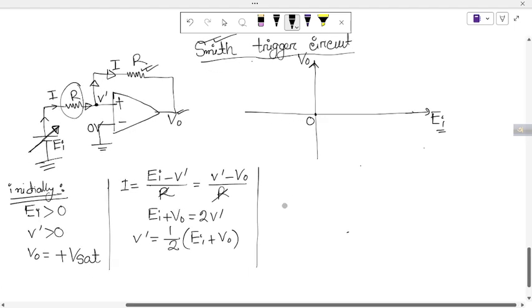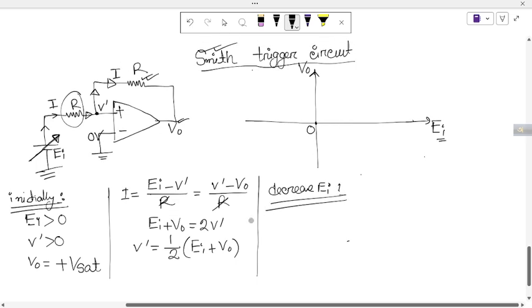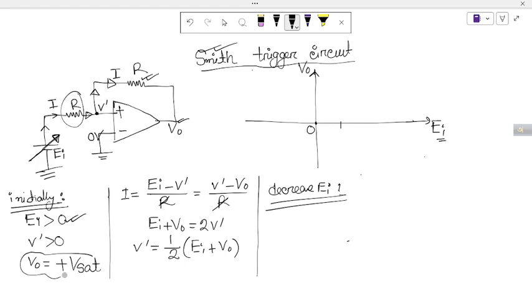Now I will decrease the input voltage. If you see in the graph, when the input voltage was greater than 0, the output voltage was equal to positive Vsat, so we get this point. Now if I decrease the input voltage, I am going to the left-hand side of this graph.